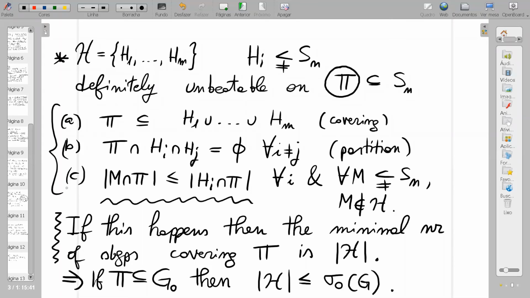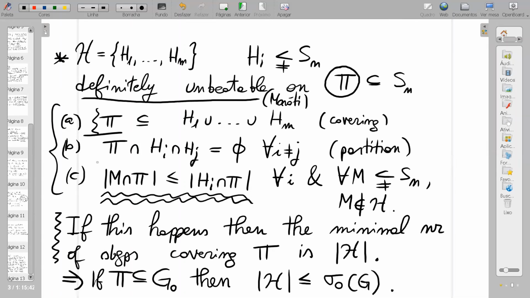By the way, this notion was defined by Attila Marotti, I believe in 2005. And the nice thing about this is that it's easy, using these three properties, to prove that you cannot do better. The first one says they cover pi.